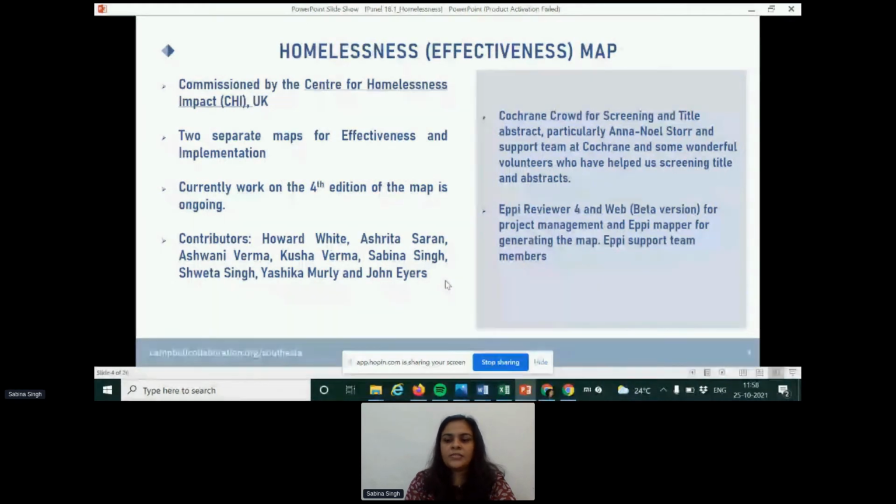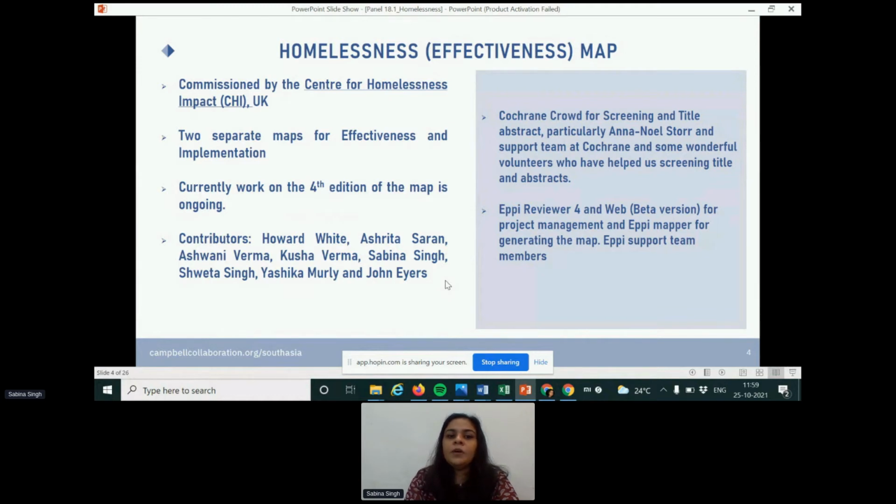So we are taking all the study designs that give us a quantitative assessment of which interventions are effective. And the implementation map particularly takes into account the barriers and facilitators that might be useful in determining why things work or why things don't work.